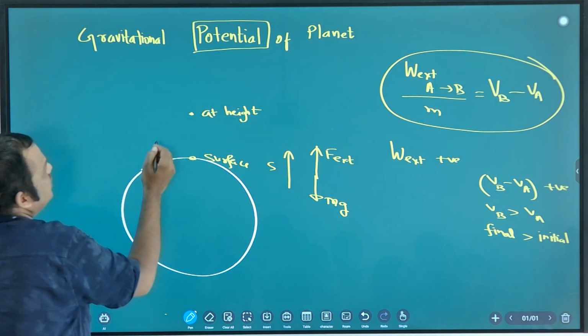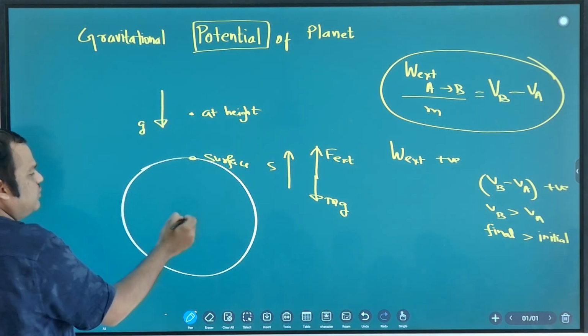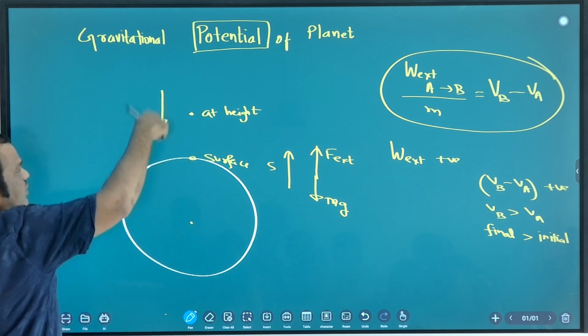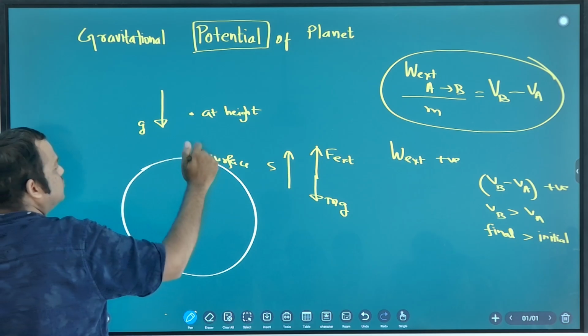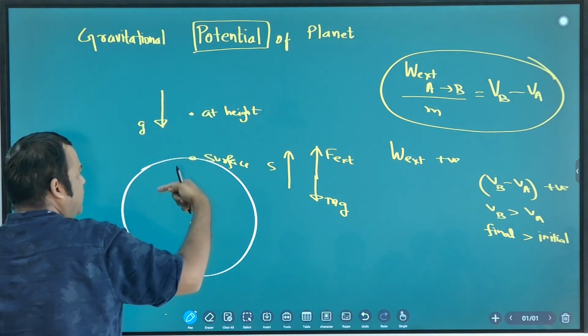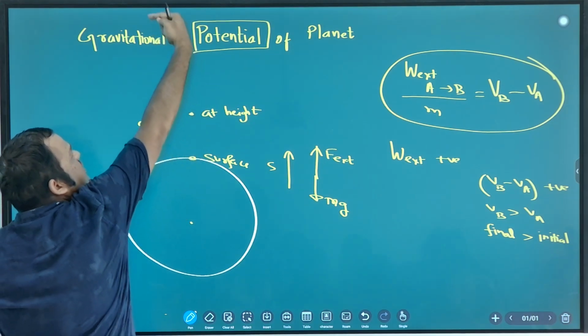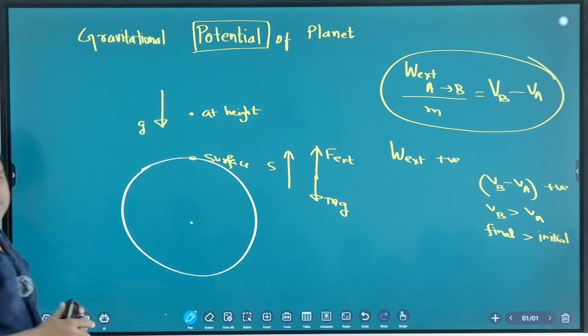And what is the direction of field? Towards center. The direction of field is towards center and you are moving away from center. So potential is increasing. Correct or not?